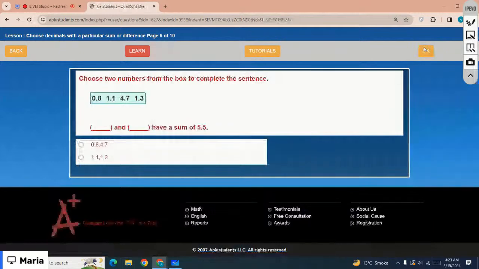Okay, choose two numbers from the box to complete the sentence. Dash and dash have a sum of 5.5. So which two numbers have the sum 5.5?